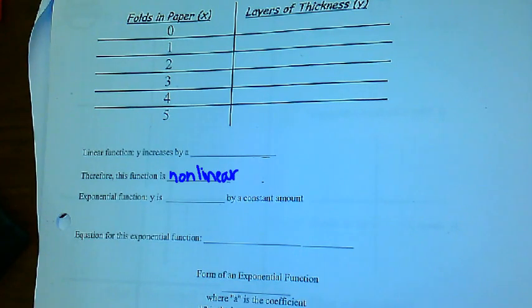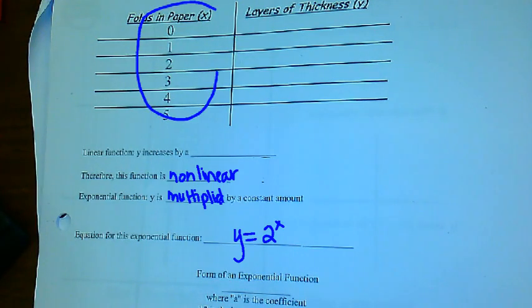An exponential function, y is multiplied. Like I just said before I erase it, it was going up by 2. So the way that we write this is y is equal to 2 raised to the x power. So these would be my x's.